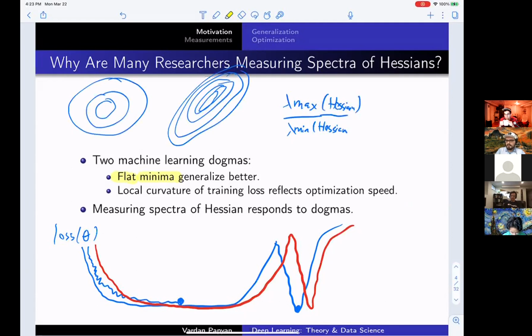But again, the idea is that the curvature is somehow related to the optimization speed. And so the closer your Hessian is to an identity matrix, the faster your optimization is going to be. Does that sound like a reasonable idea? Or is it provocative to you?